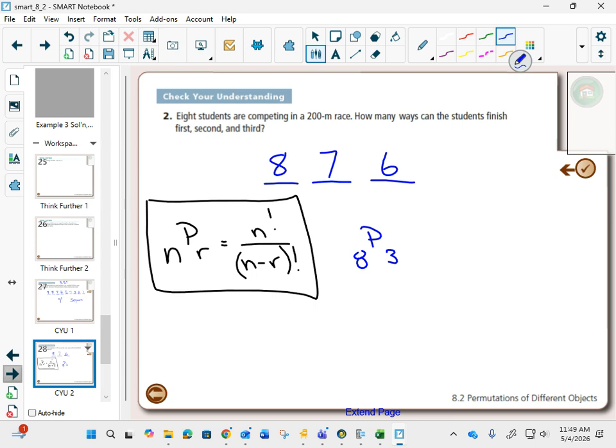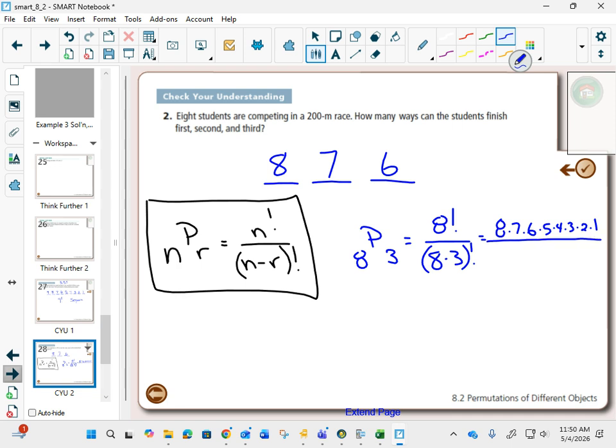If we write it out as a formula, according to the formula, 8 factorial on the top, and on the bottom, 8 minus 3 factorial. And of course, this is going to connect to what we did right at the beginning of class, 8 factorial means 8 times 7 times 6 times 5 times 4 times 3 times 2 times 1.